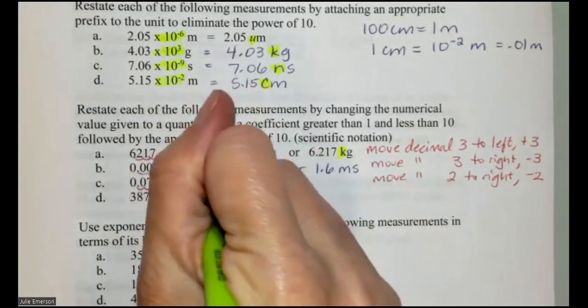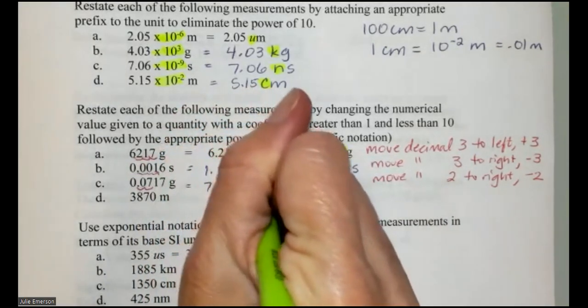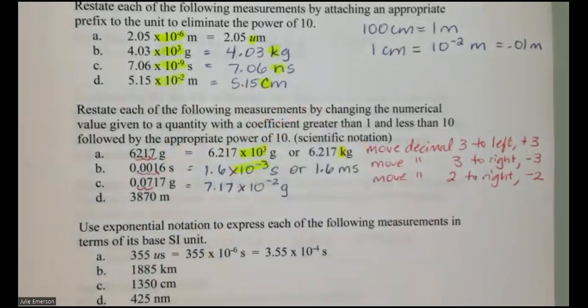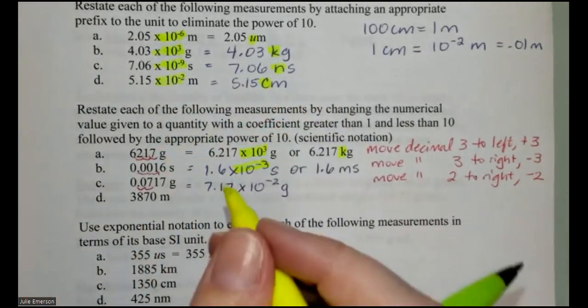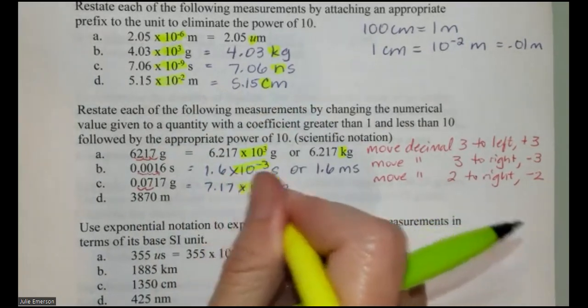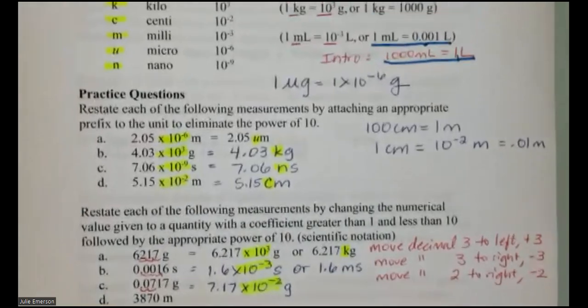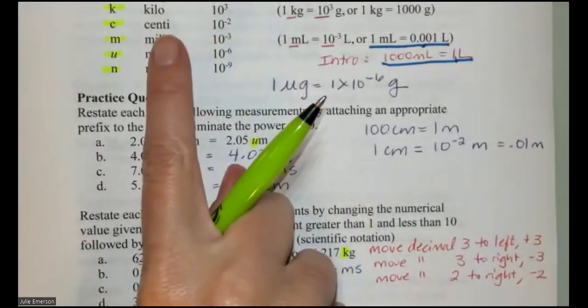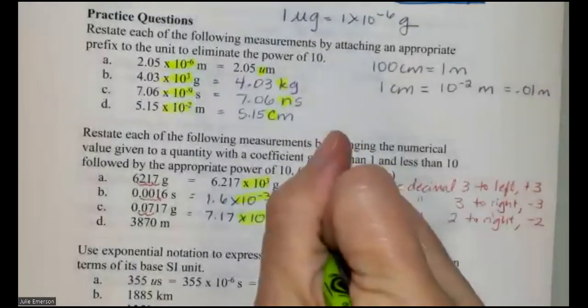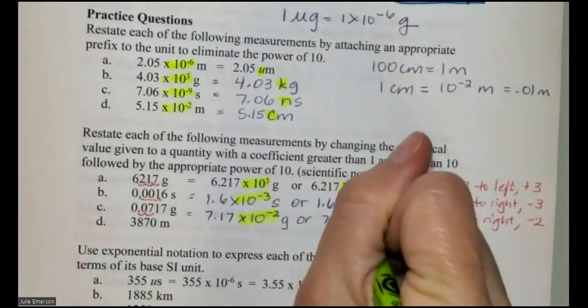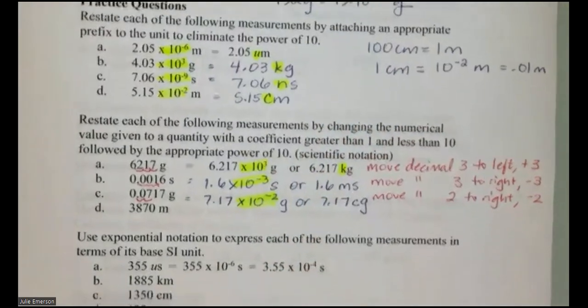So this is going to be 7.17 times 10 to the negative 2 grams. And then I'm going to go up to my prefix part and figure out what do I replace 10 to the negative 2 with. So 10 to the negative 2 is centi. So I'm going to write this as 7.17 centigrams.